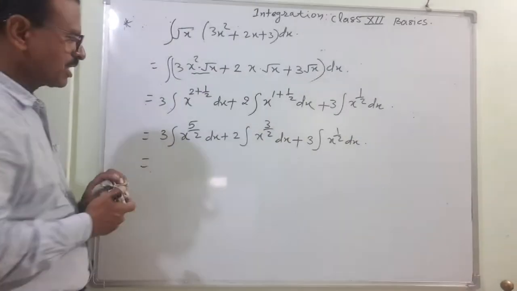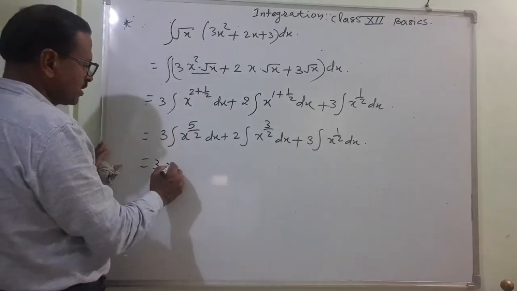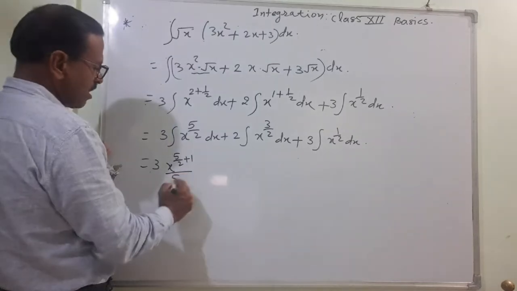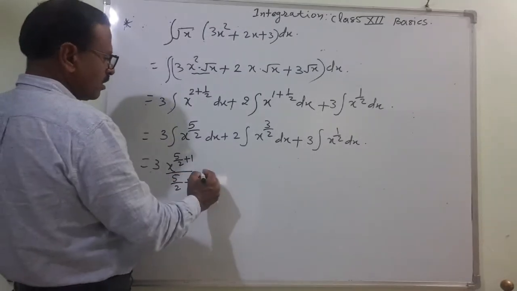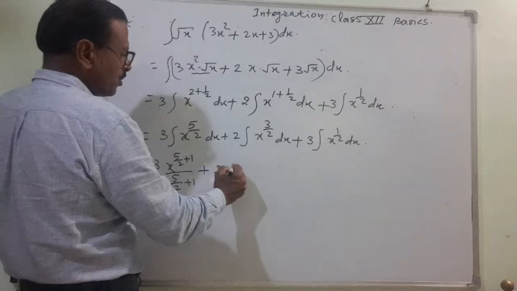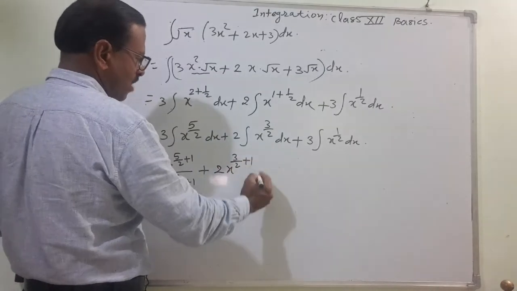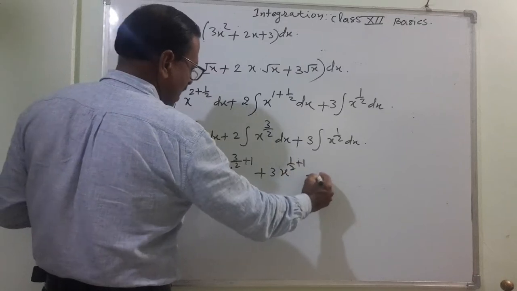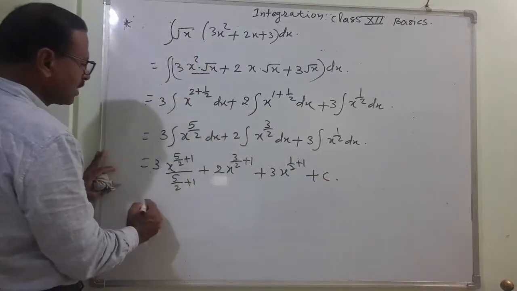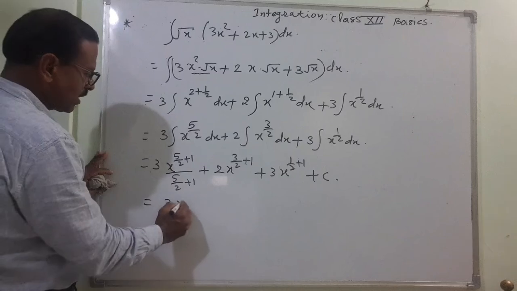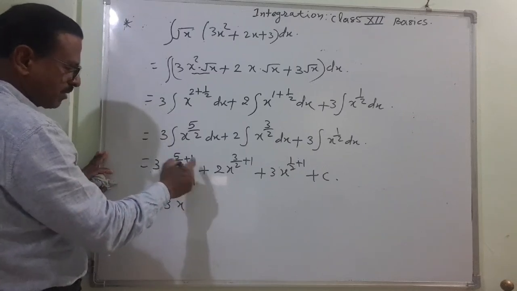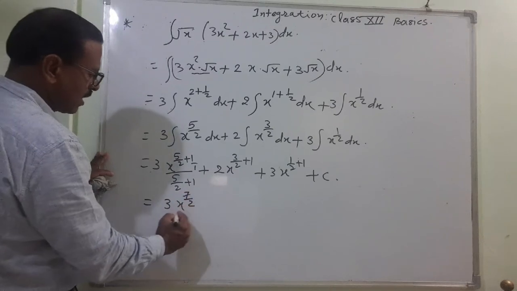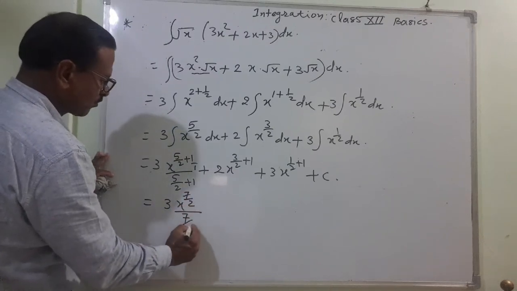Now all are in x raised to n form. So 3 into x raised to 5 upon 2 plus 1, upon 5 upon 2 plus 1, plus 2 into x raised to 3 upon 2 plus 1, plus 3 into x raised to half plus 1, and plus the constant of integration. That is equal to 3 into x raised to, this is cross multiplication, 5 1 is 5, 2 1 is 2, 7 upon 2, and this is also 7 upon 2.